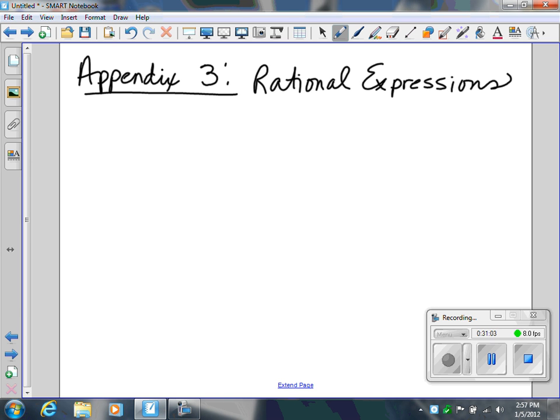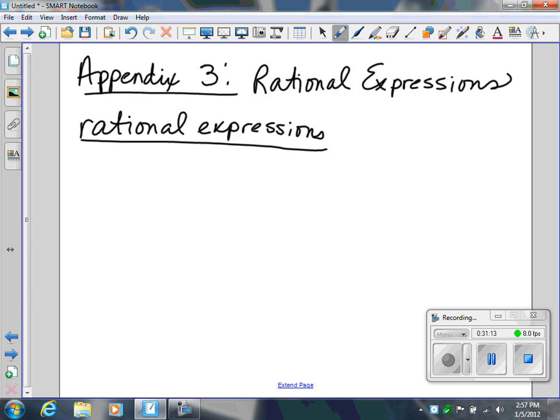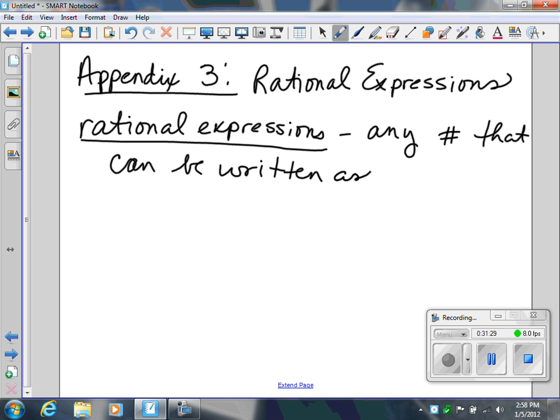So, here we go. Rational expressions. What are rational expressions? Any number that can be written as a fraction.